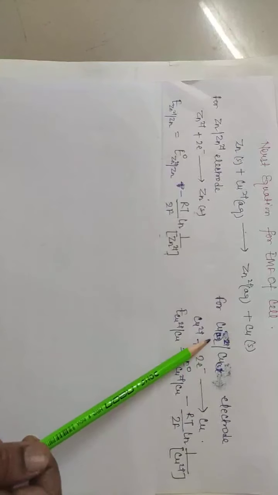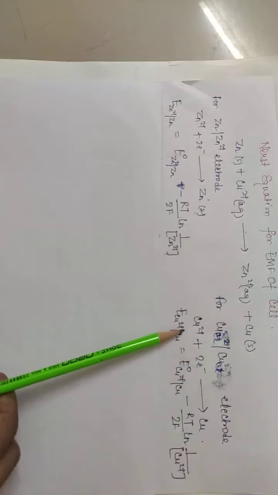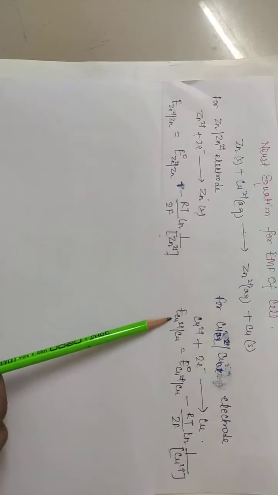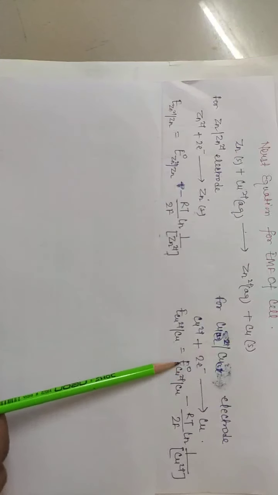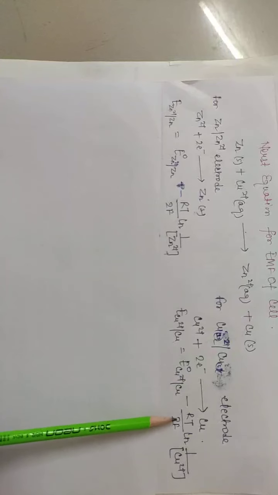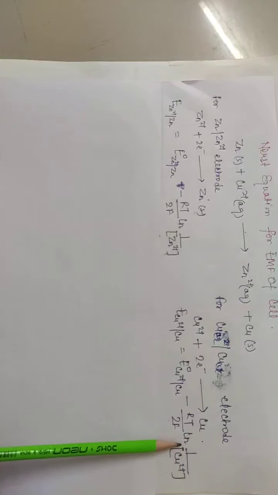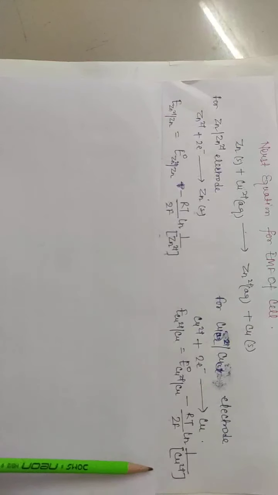Similarly, for the copper electrode, which is already a reduction reaction, we can write E for Cu2+/Cu equal to E naught for this electrode minus RT upon 2F ln 1 upon the molar concentration of Cu2+ ion.